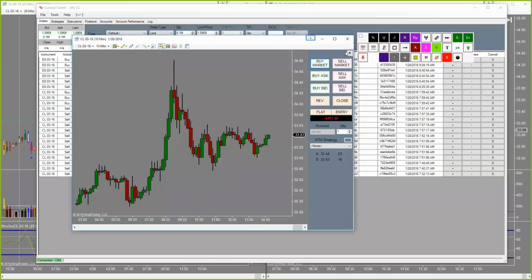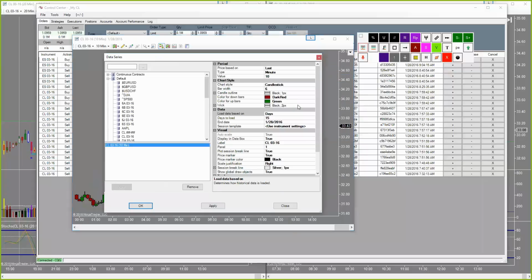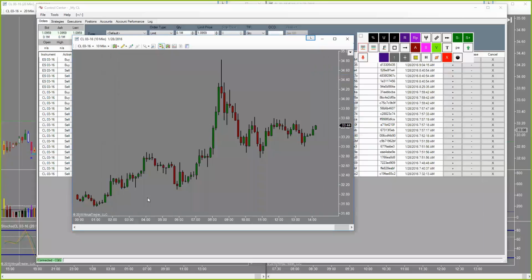There we are. Well, let's make it 3. And then we'll add volume to the chart.